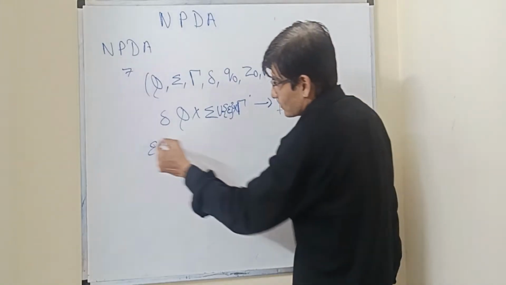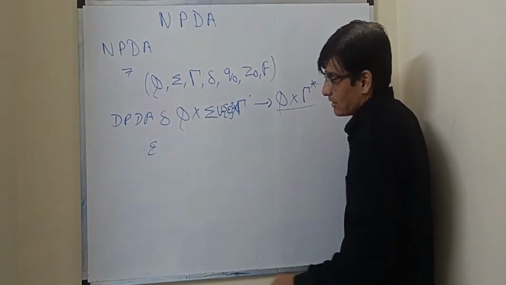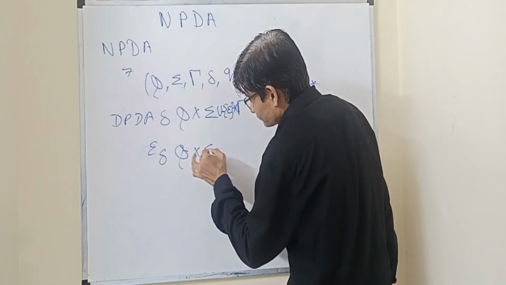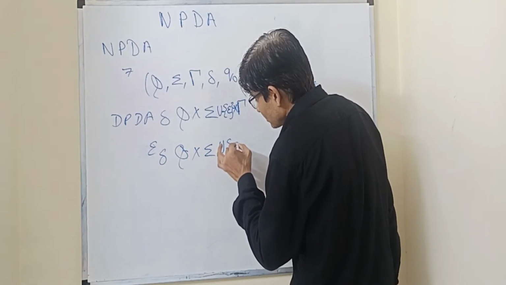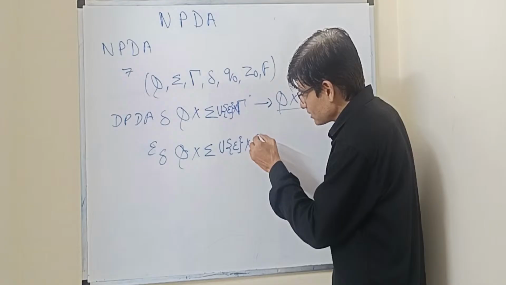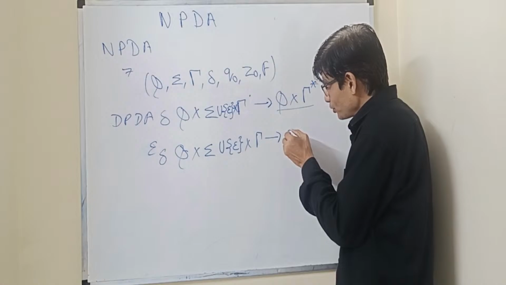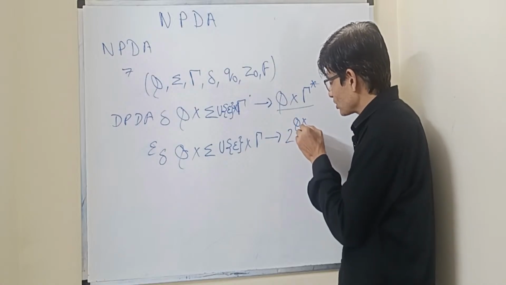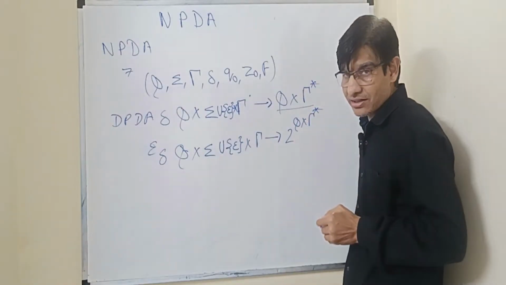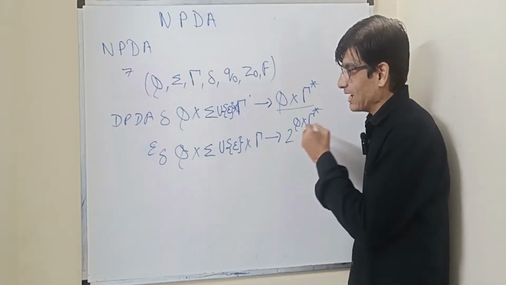And in case of NPDA, which we are going to discuss now, delta would be Q cross sigma union epsilon, as we are also using epsilon here, cross gamma, gives the power set, 2 to the power of Q cross gamma star. And power set means there may be more than one next state for this NPDA.